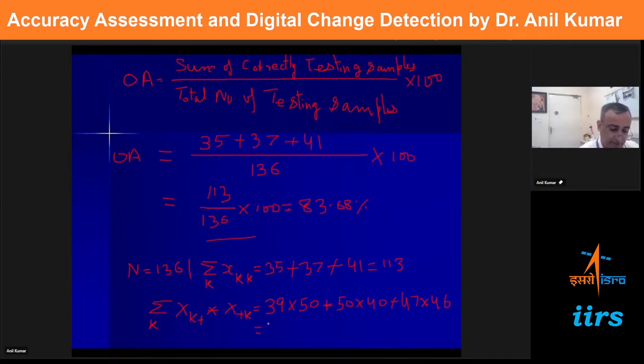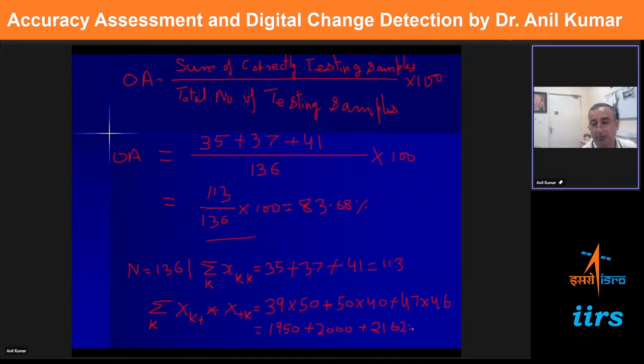First we will multiply. So 39 into 50 is 1950, plus 50 into 40, it is 2000, and again plus 47 into 46, which is 2162.